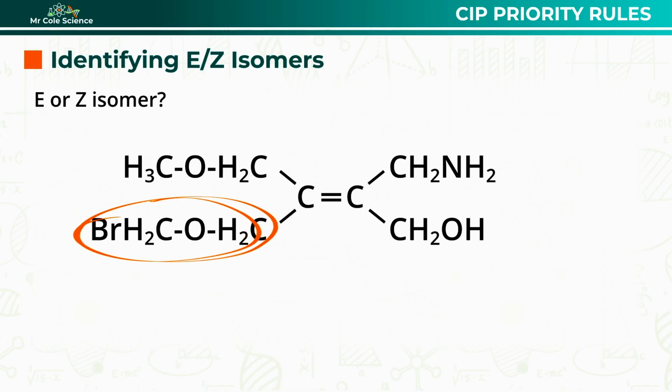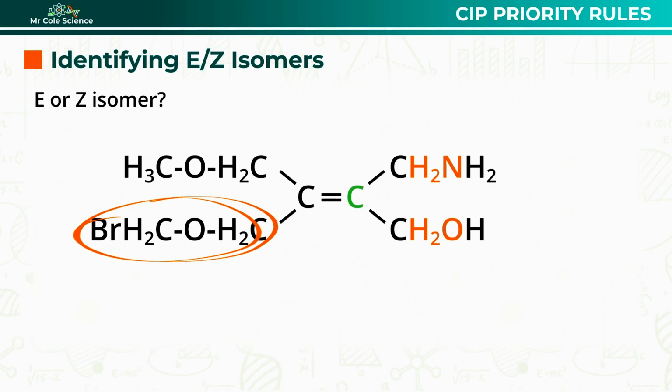Now moving on to our right-hand side, we compare the atoms directly bonded to the carbon atom in our double bond, and we again have two carbon atoms. So we compare what each of those are directly bonded to. The carbon in the top group is bonded to two hydrogens and a nitrogen atom, whereas the carbon atom in the bottom group is bonded to two hydrogen atoms and an oxygen.